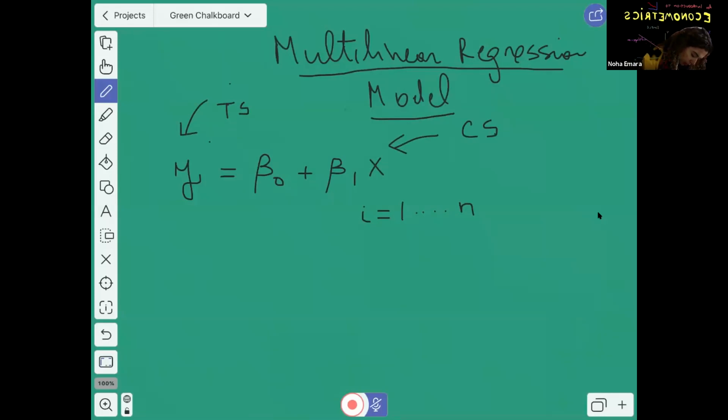Okay, so I have to have a subnotation i under each variable here.